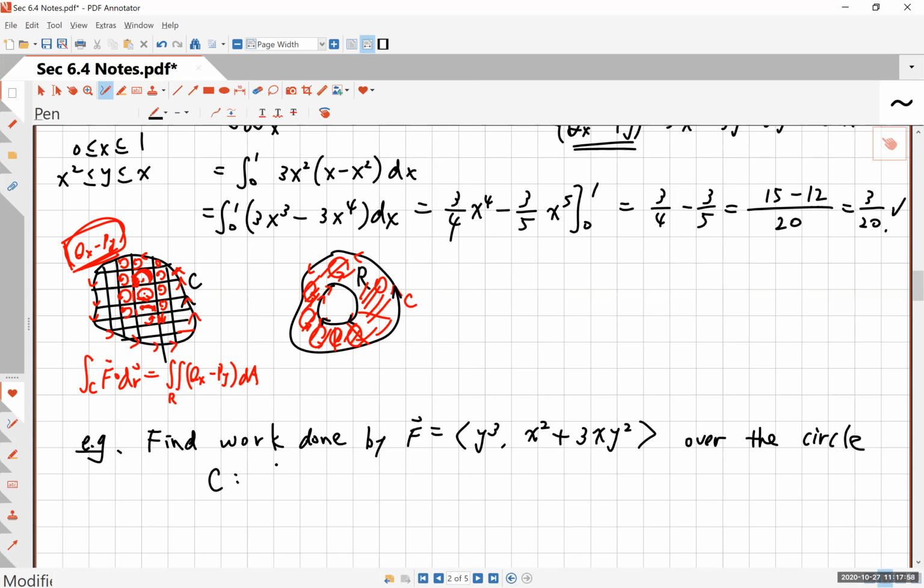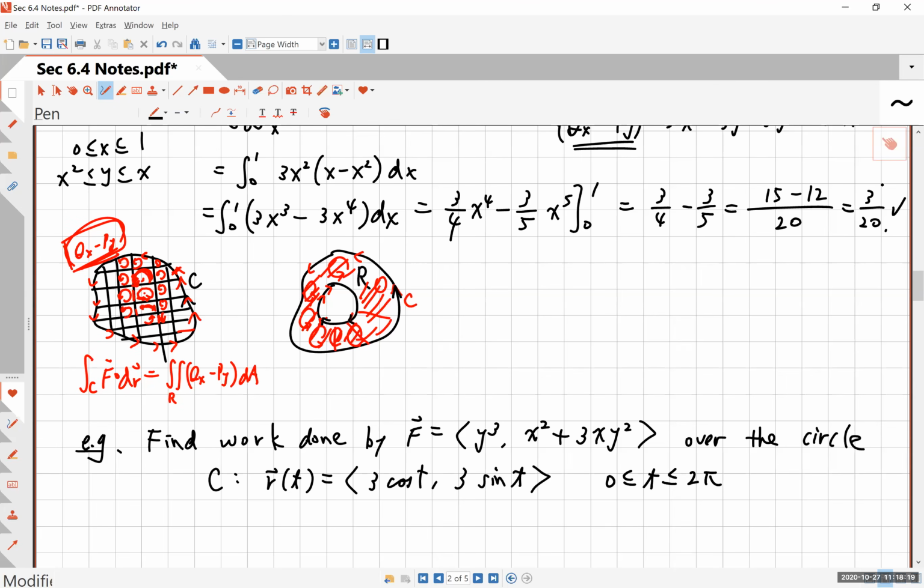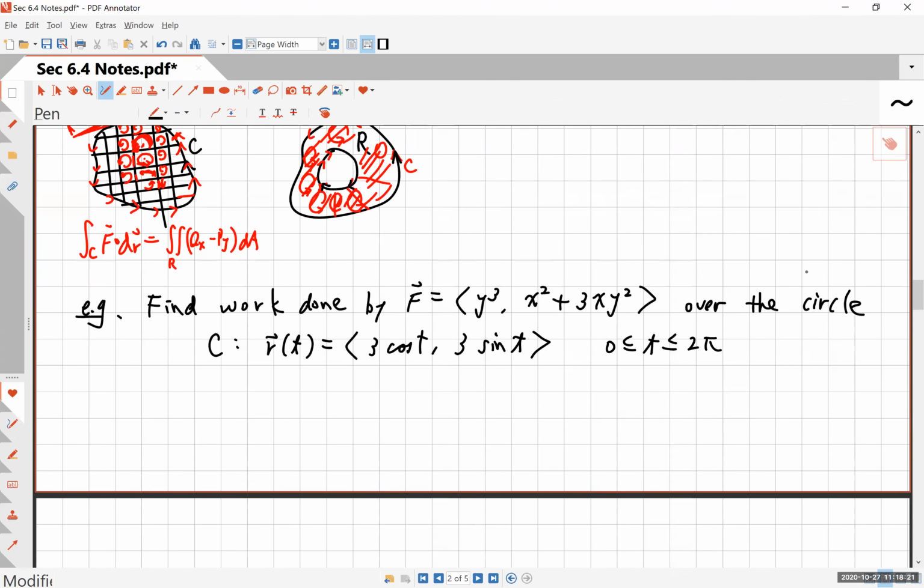I'm just going to give you the parameterization, because we can all agree on the parameterization: 3 cosine t and 3 sine t. So this is a circle of radius 3 centered at the origin, right? And t goes from 0 to 2 pi. So in a sense, what I'm asking you to do is this.